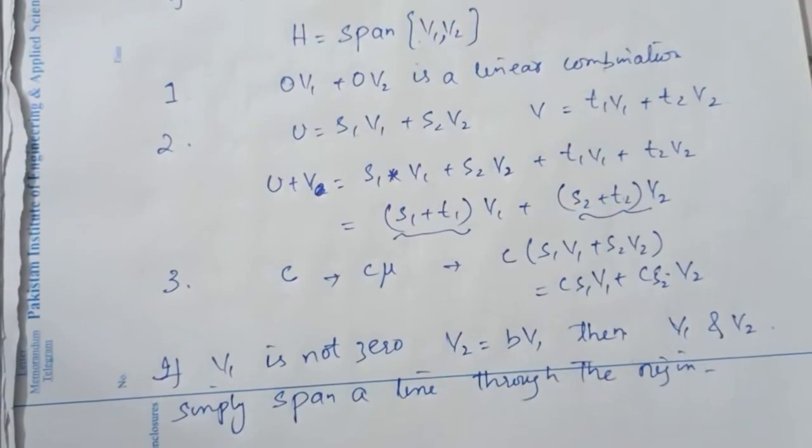So a line through the origin is another example of a subspace.